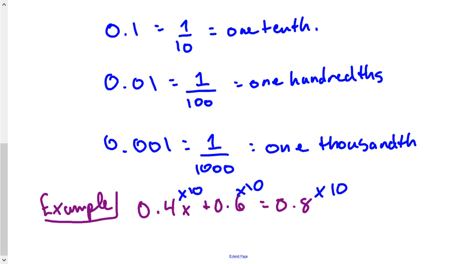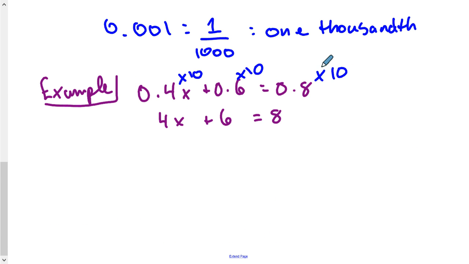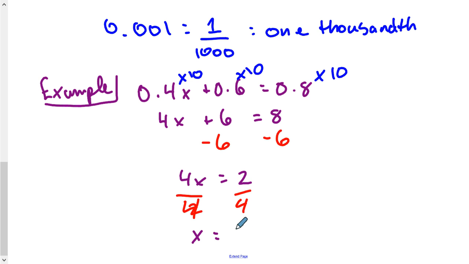And that will leave me with 4x plus 6 is equal to 8. Then what we do is we subtract 6. 4x is equal to 2. And we divide by 2. Sorry, not by 2, by 4. By 4. And that leaves us with x is equal to 1/2.